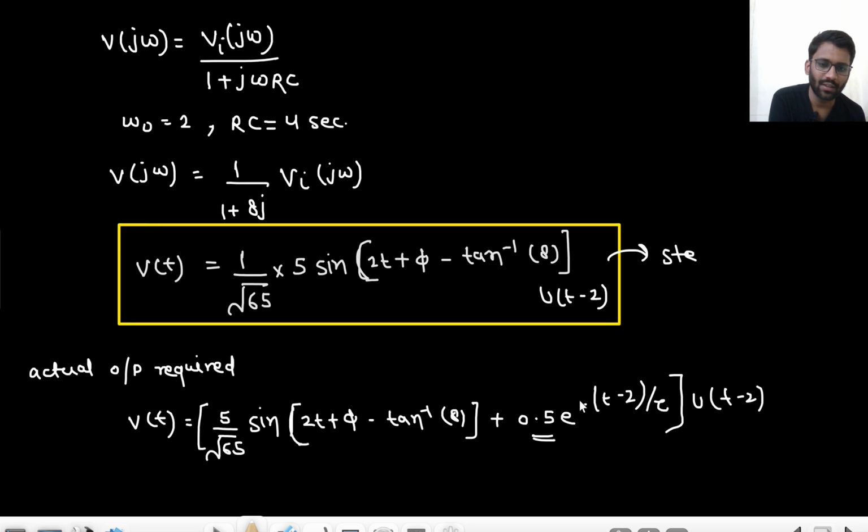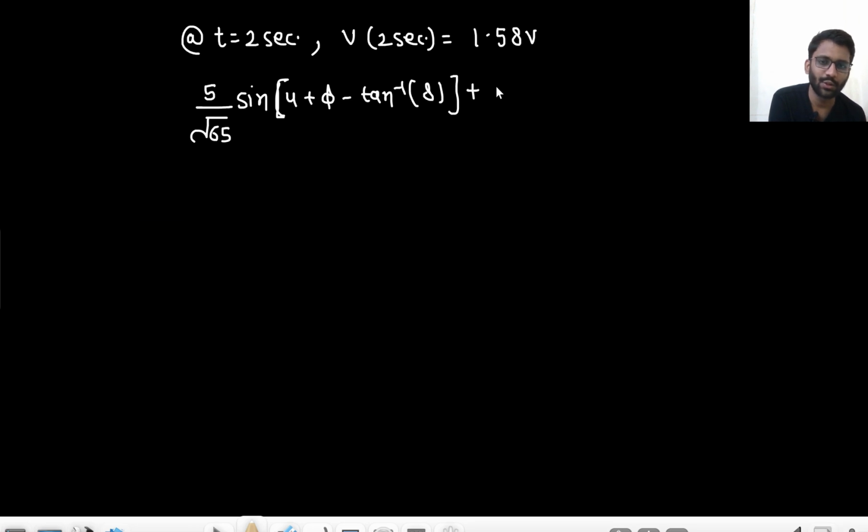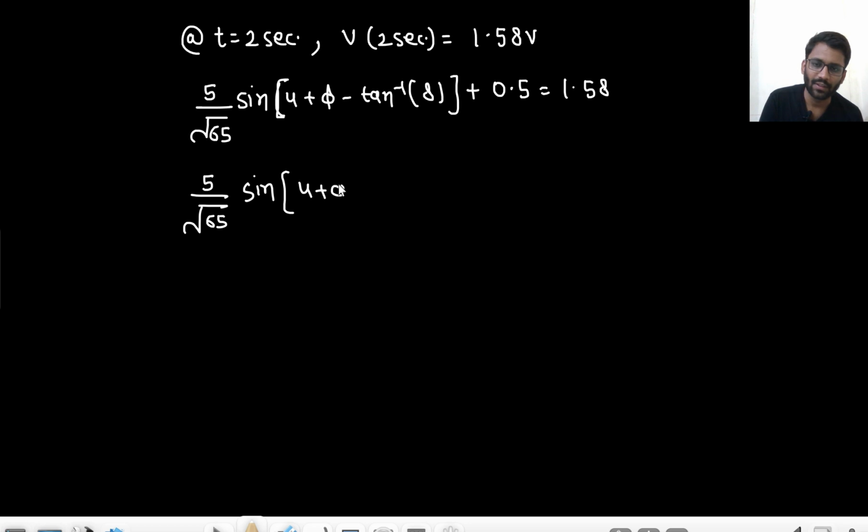At t equals to 2 second, this is providing me 0.5. Transient is providing me 0.58 voltage. So rest of the voltage will come from this part, right? So this part should be equals to 5 by root 65 sine 4 plus 5 minus tan inverse 8 equals 1.08. So from here I will get the value of 5.